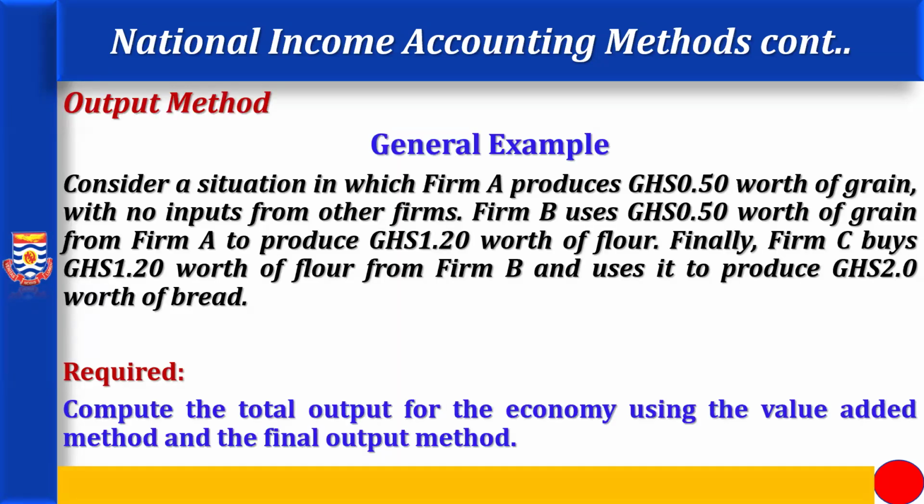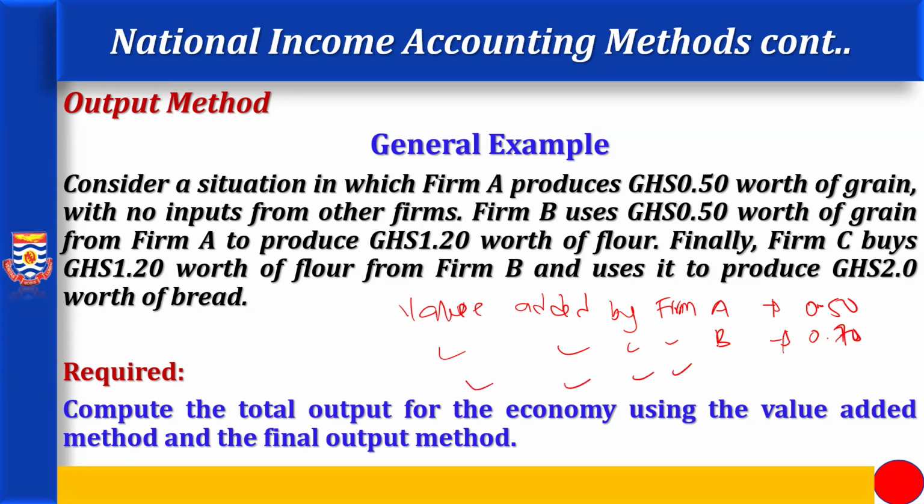So here, the value added by firm A was the 50 pesos. Value added by firm B, who got the 50 pesos and produced 1 cedi 20 pesos, so he added 70 pesos, the difference.